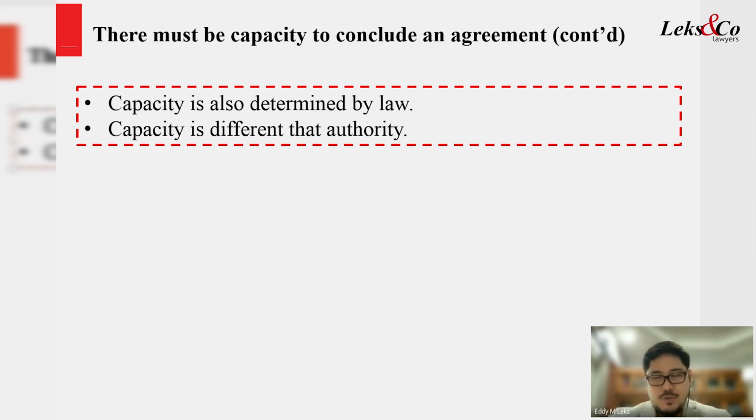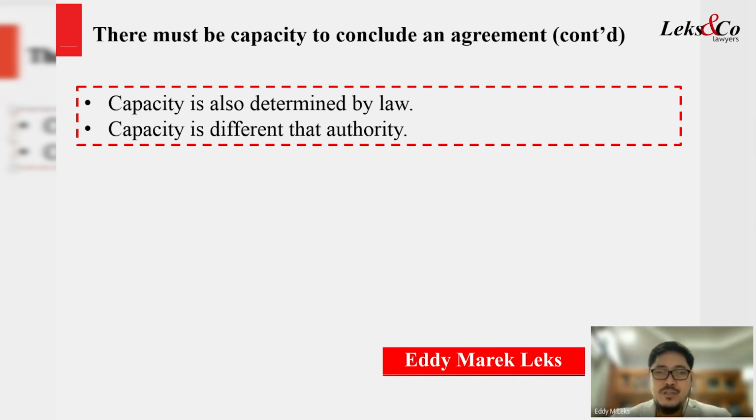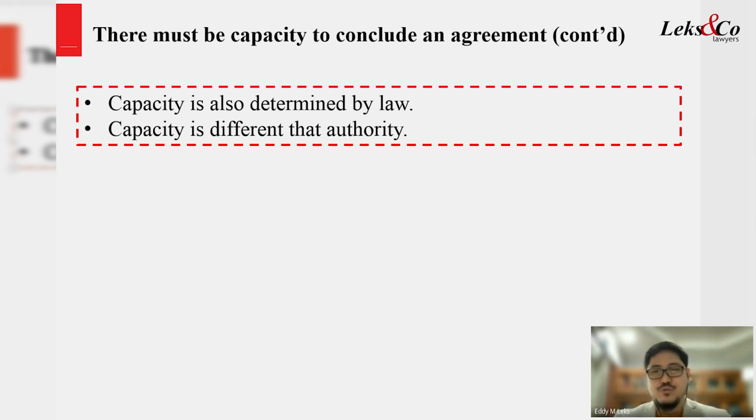But when we are talking about authority, representing a company, we are not talking specifically about the capacity, because the capacity will be taken for granted. Of course, the director will already be a mature person and also not di bawah pengampuan. That's of course the understanding.